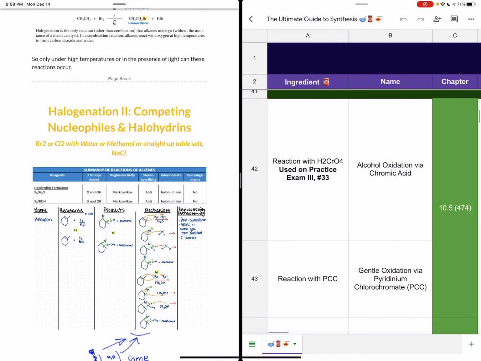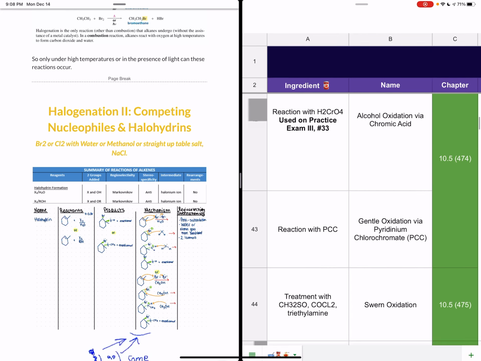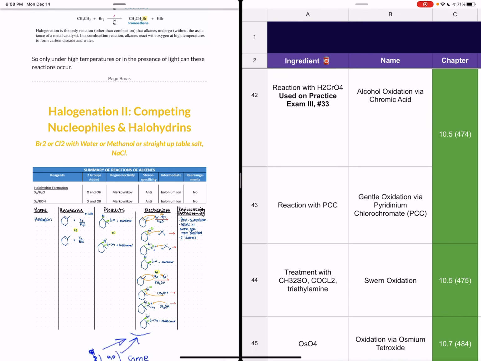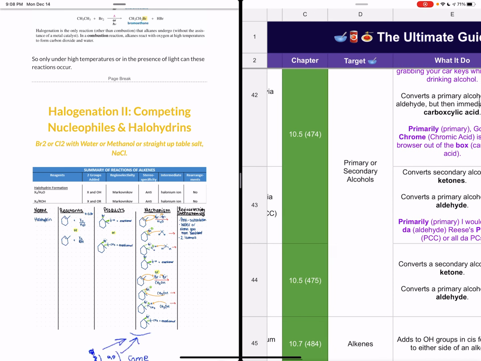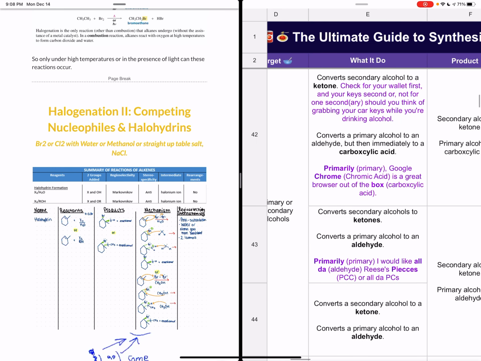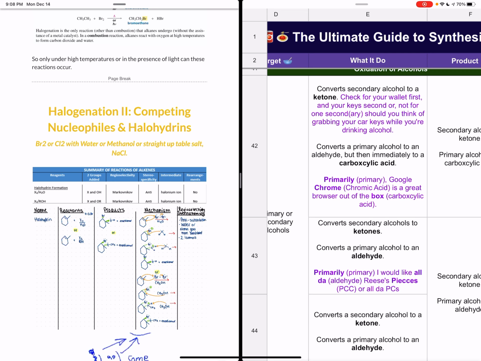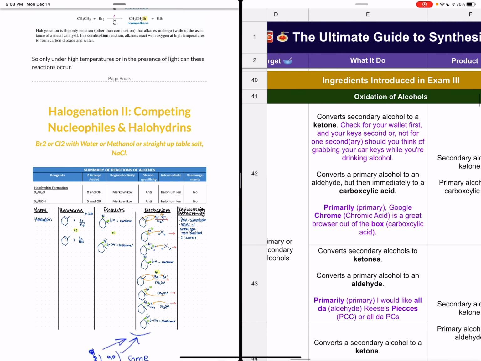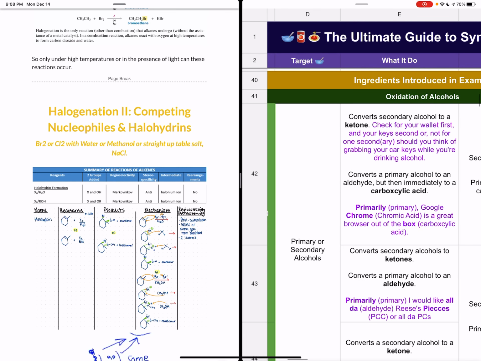So whether you see chromic acid, PCC, or a Swern oxidation, they will all turn a secondary alcohol into a ketone. The way you can remember that is that when you're drinking alcohol, not for a second should you think of grabbing your car keys. So if you see a secondary alcohol, ketone.